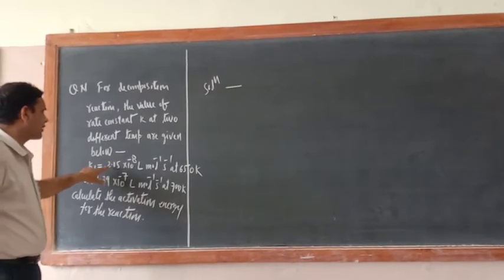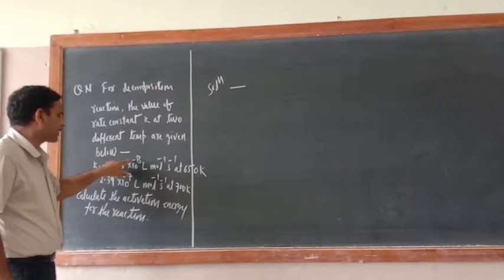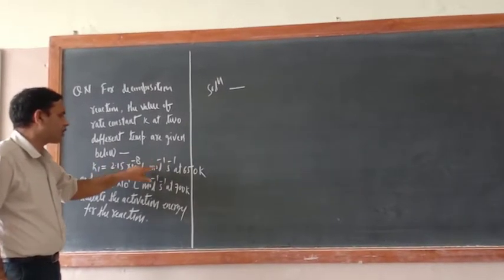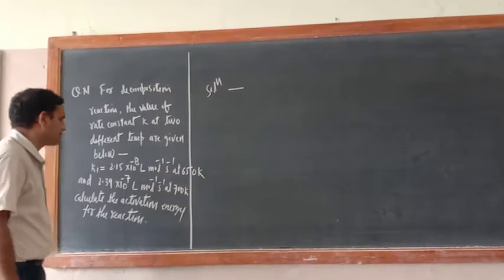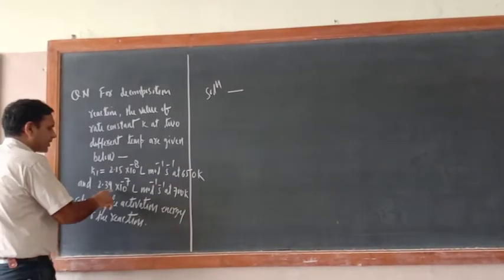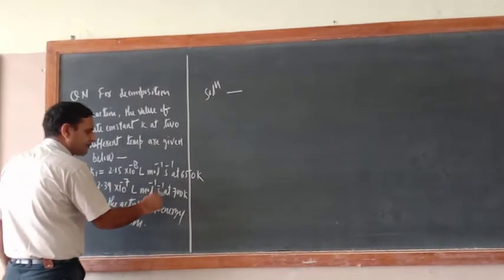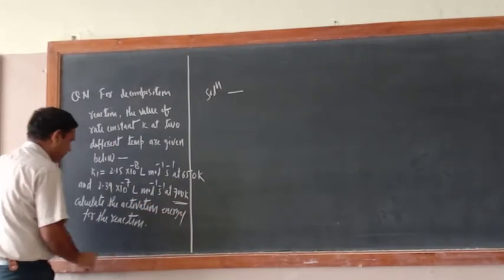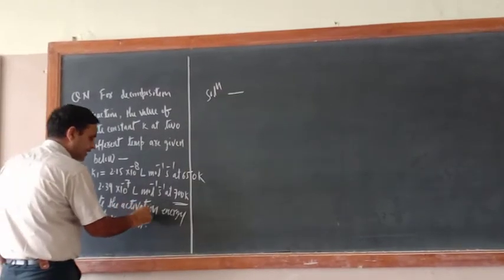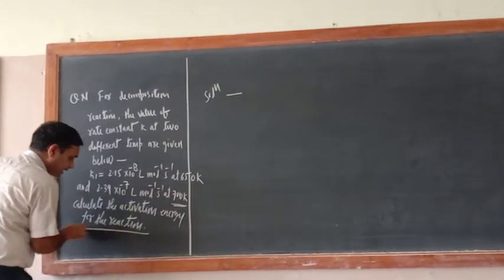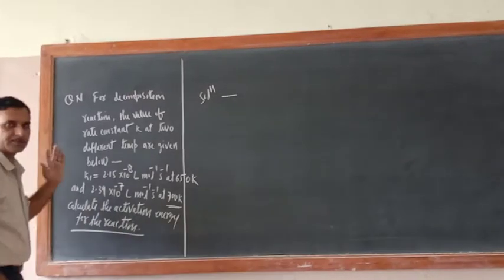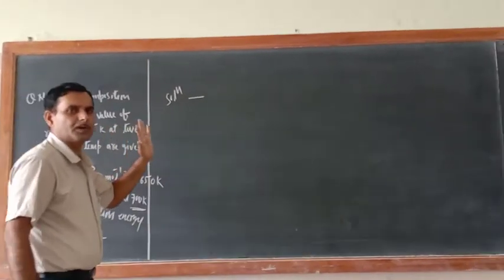K1 equals 2.15 into 10 raised to the power minus 8 liter mole inverse second inverse at 650 Kelvin, and K2 equals 2.39 into 10 raised to the power minus 7 liter mole inverse second inverse at 700 Kelvin. Calculate the activation energy for the reaction.